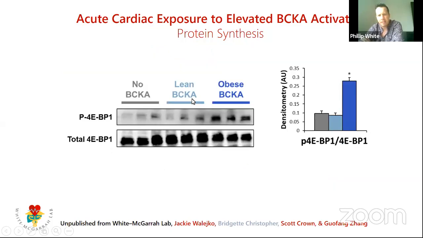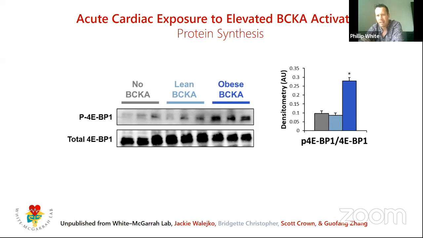We looked at the signaling here, and we see an increase in phosphorylation of the translational repressor 4E-BP1, which is known to inhibit 4E-BP1 and lead to increased translation. Not with the lean branched chain keto acid levels, but only with the obese levels, which matches what we saw with puromycin incorporation.